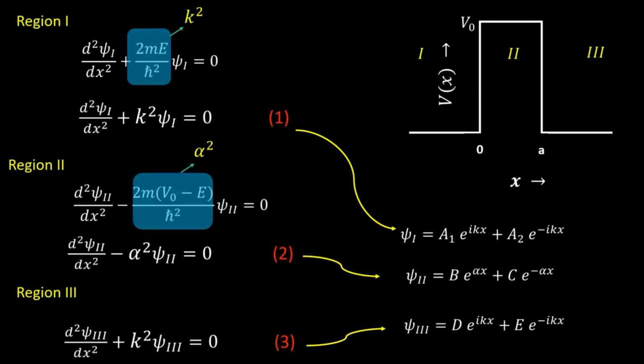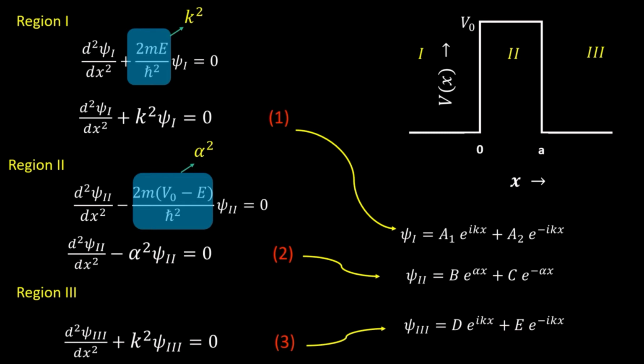So all these, A, B, C, D and E, are constants appearing here, and this E should not be confused with the energy E. Anyway, we will get rid of this E soon.